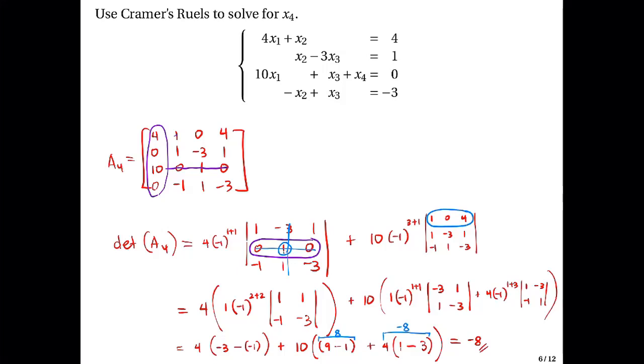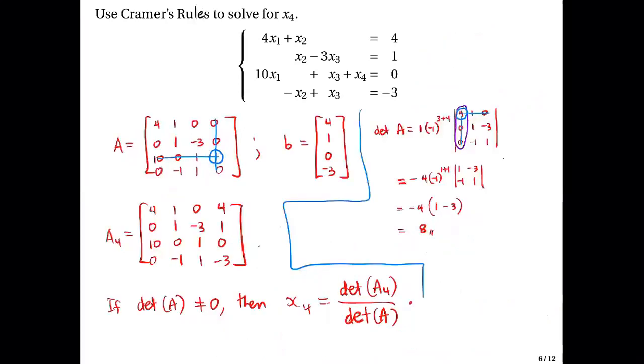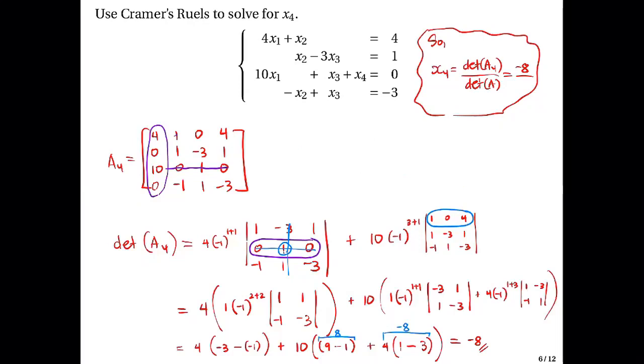Okay? Therefore, we can now have x sub 4. So let me write the final answer here. So x sub 4, this is equal to the determinant of A sub 4 over determinant of A. This is -8 for the determinant of A sub 4 over the determinant of A, that's positive 8.